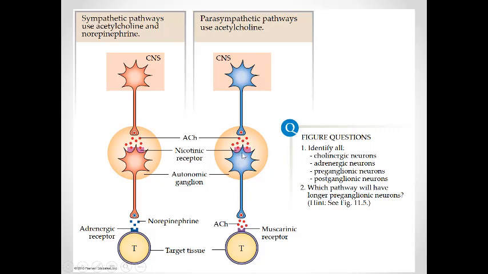There's a nicotinic receptor on the autonomic ganglion cell body, and it releases acetylcholine to the receptor at the end. So this pathway, when acetylcholine is released on both ends and your target tissue receives acetylcholine, it's like, okay, I can now go into rest and digest mode.